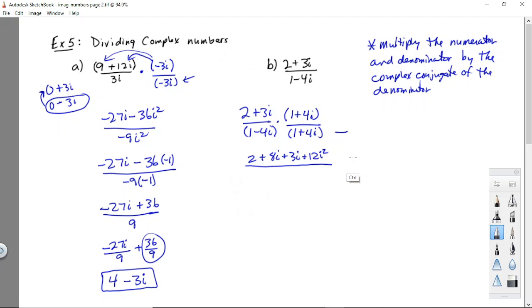So look what happens. 1 times 1 is 1. 1 times 4i is 4i. And then you have negative 4i times 1 is negative 4i.